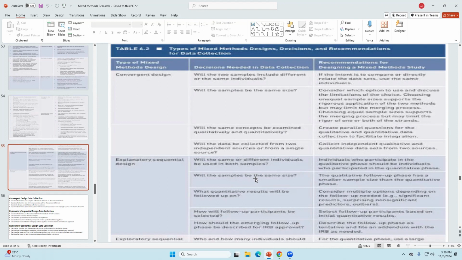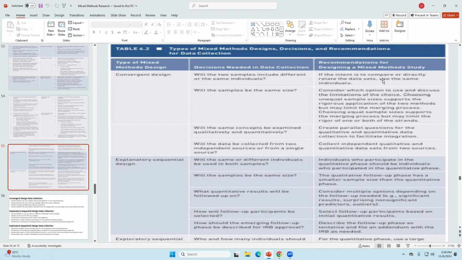How do you do that? In conversion design, what are the decisions you need to take in data collection? Will the two samples include different or the same individuals? This is the question needed to be asked. Since you are applying conversion design, will the two samples include different or the same individuals?